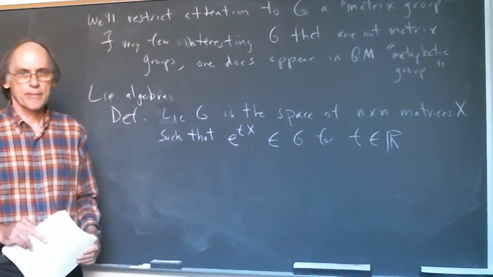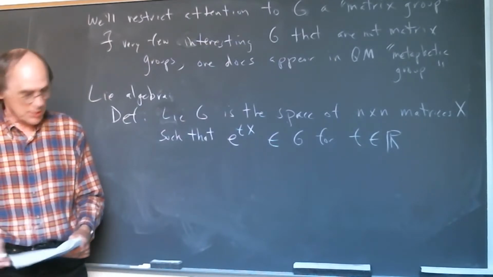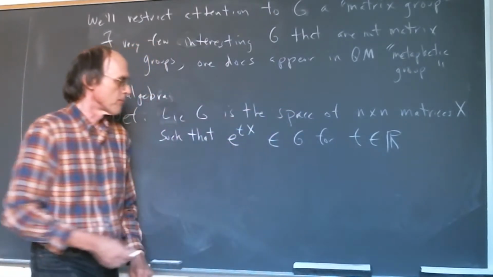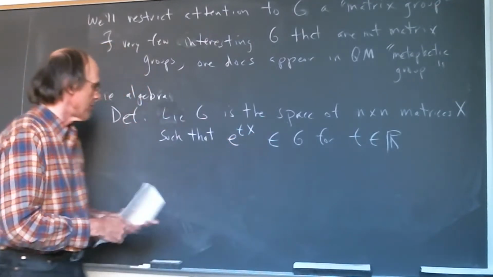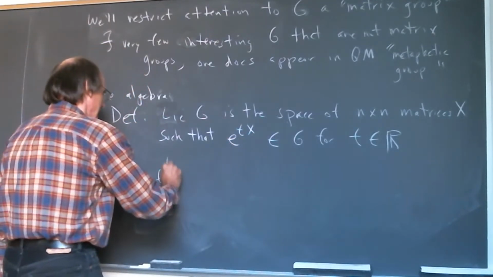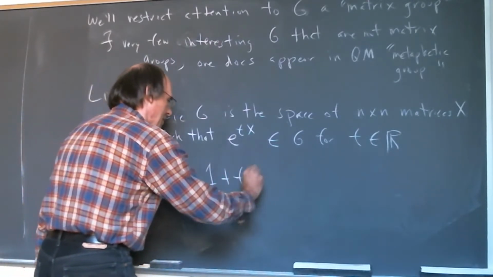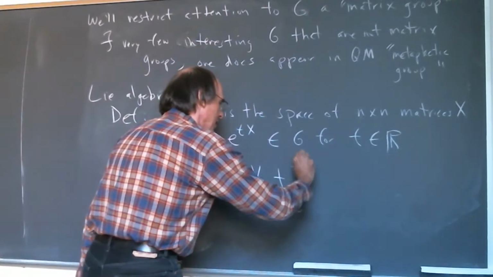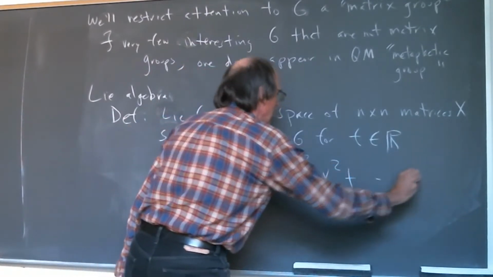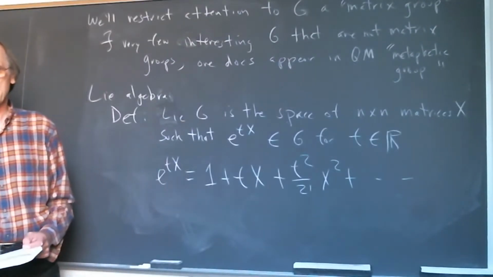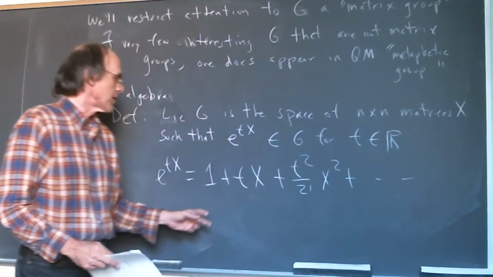So this is a much more concrete thing. Remember, exponentiating matrices, e to the tX is just the identity matrix plus t times X plus t squared over 2 factorial X squared plus, and so on.